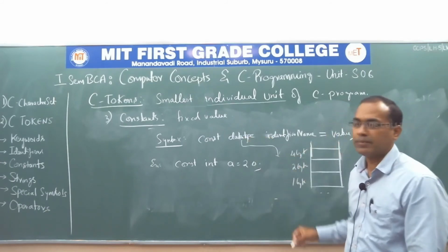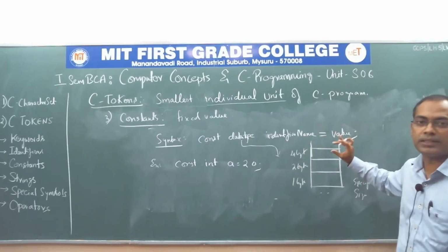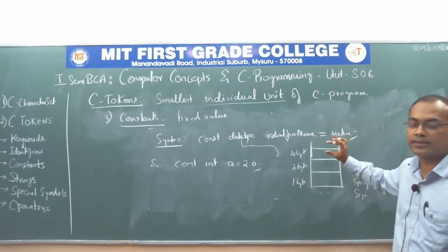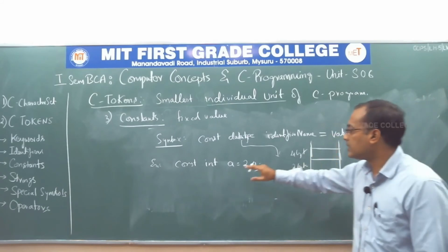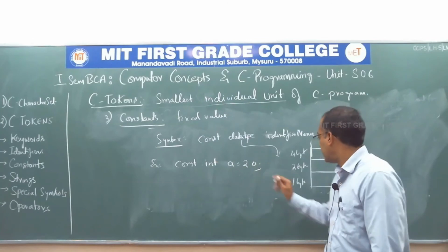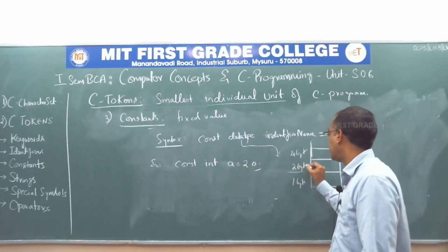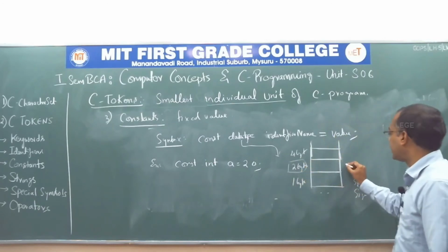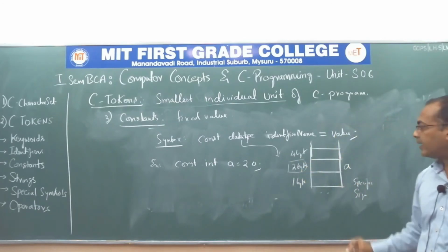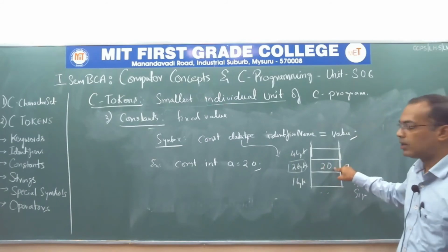Depending on which data type you use, the allocation of blocks changes. So in this case, int a = 20 means a named location. An integer is 2 bytes in representation. So in 2 bytes, we give the name a to the first block, then 20 will be stored in this block.